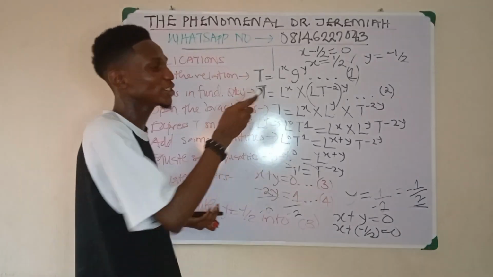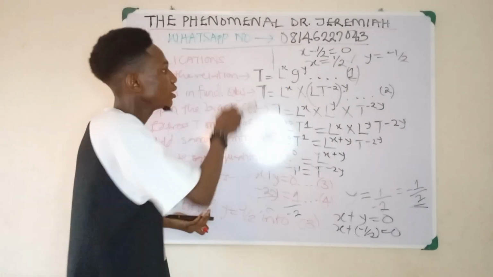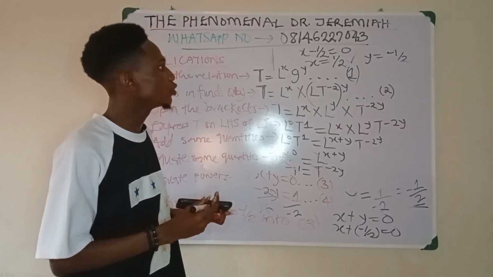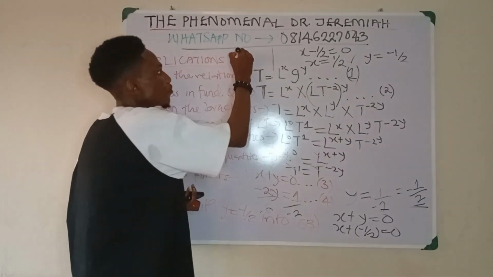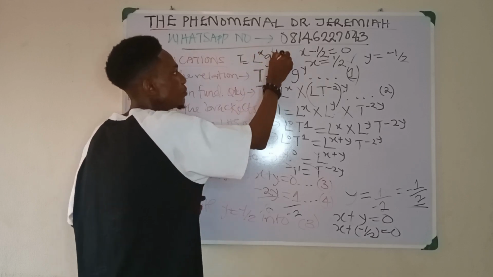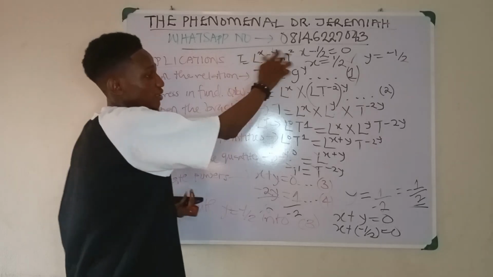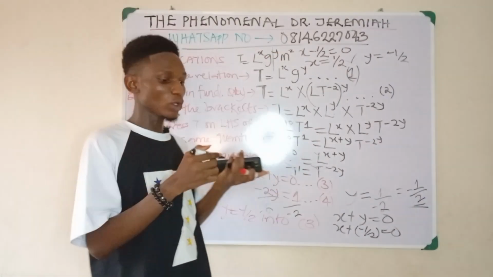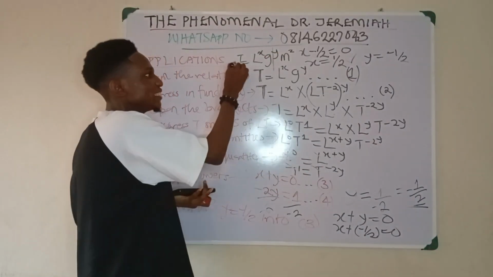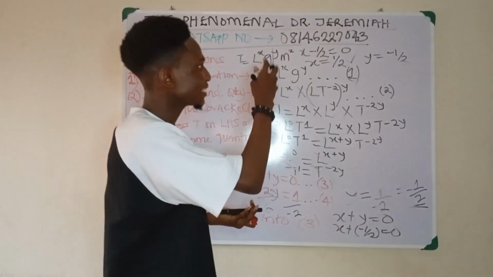In this question we only have 2 quantities. But sometimes it may be something like T equals L^x g^y, maybe m^z, so you have 3 unknowns there. It depends on what the question gives, what the quantity is dependent on. So with that we have gotten x and y.